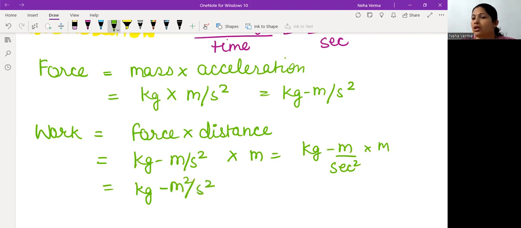The SI unit for force can be written as 1 Newton, and this unit of work can be written as 1 Joule.